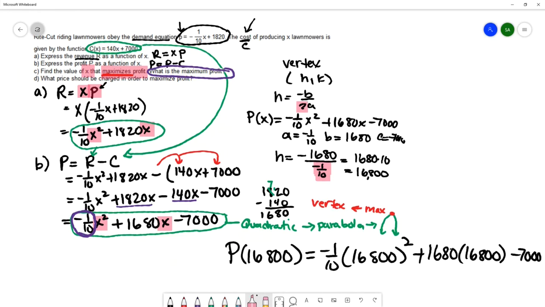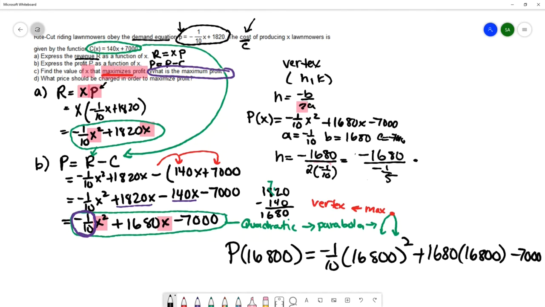So I need to make that correction. I'm going to erase what I have here, and we're going to make that 2 times negative 1/10. And so that's going to come out to be negative 1,680 over, let's see, 2 times negative 1/10 would reduce down to being negative 1/5.